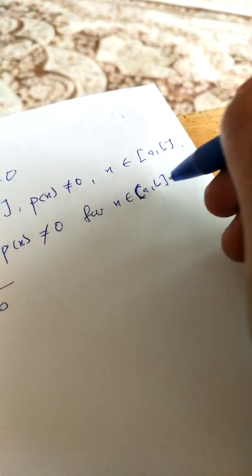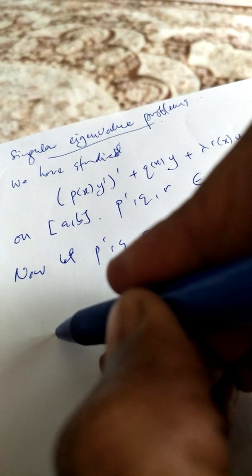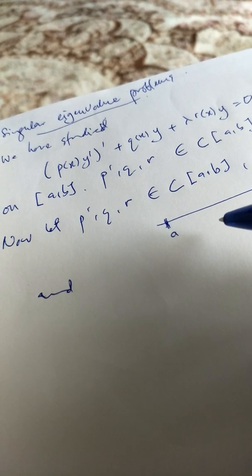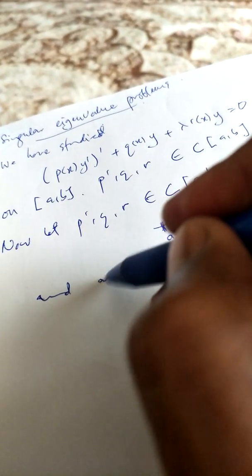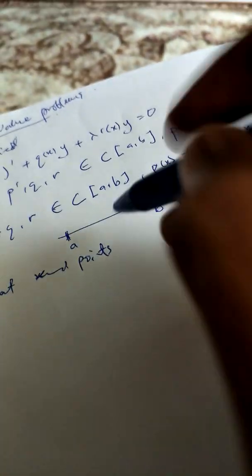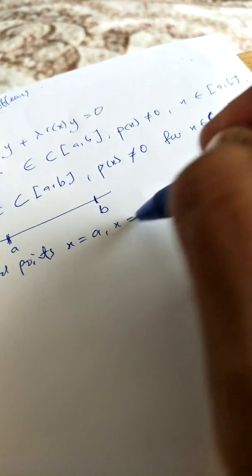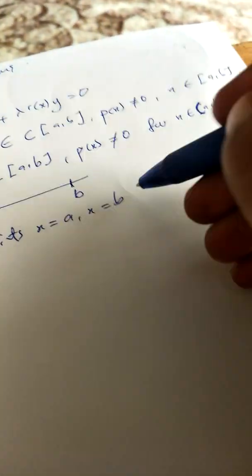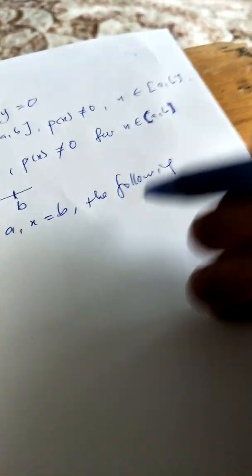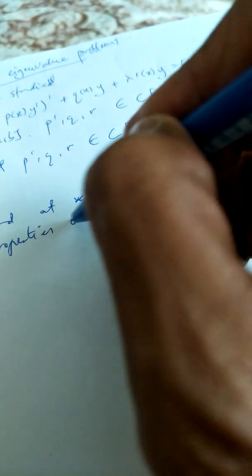But I think this should be like that, open interval. Okay. And at the endpoint x equal to A, x equal to B, the following properties occur.